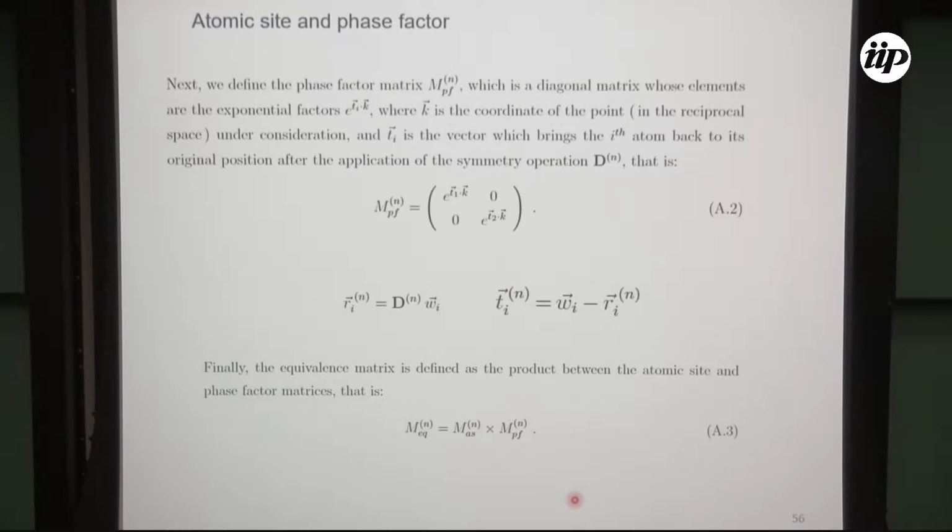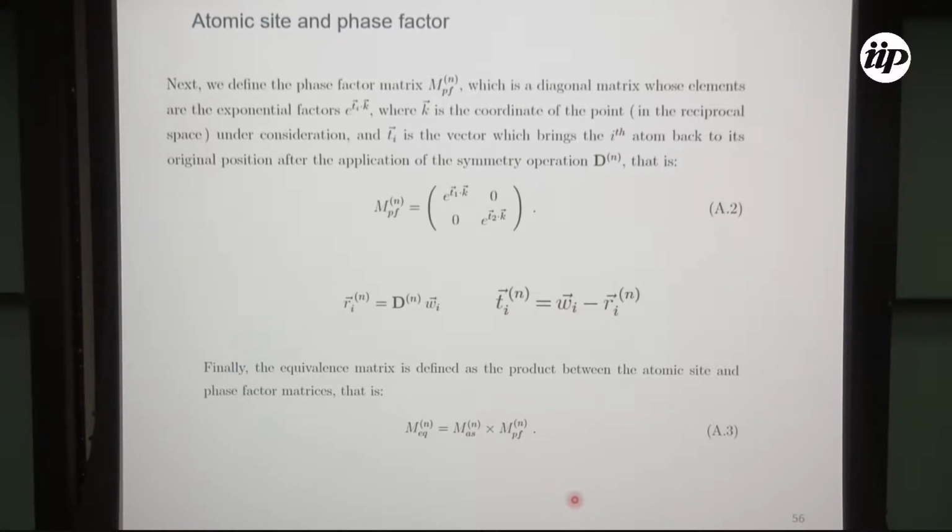Okay, if you want to do vibrational analysis, you have to understand the normal modes, okay? The normal modes carry the symmetry of the network. So the first thing you want to see is the atomic site matrices and the phase factor matrices.